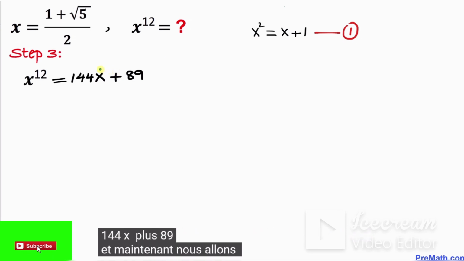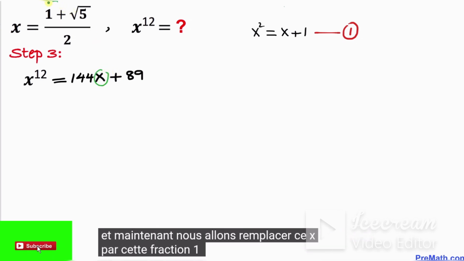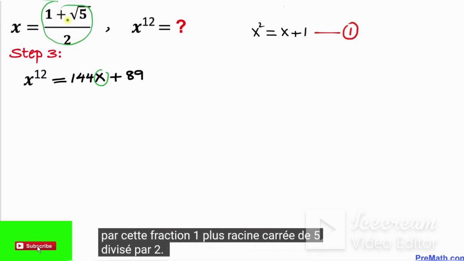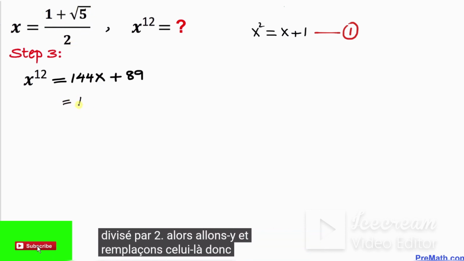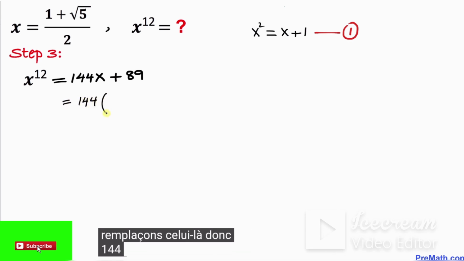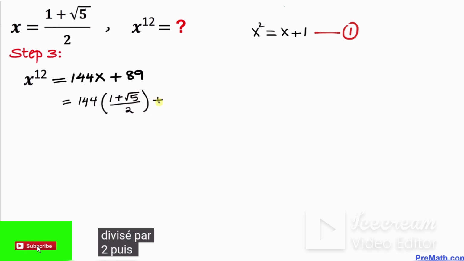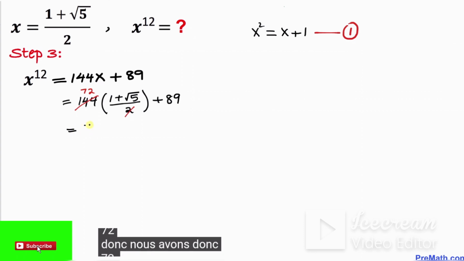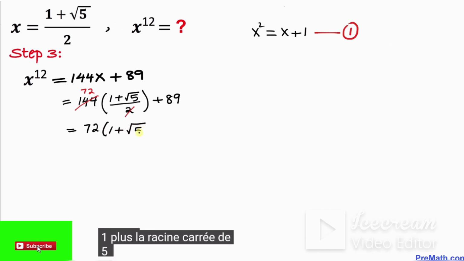And now we are going to replace this x by the fraction (1 plus square root of 5) divided by 2. So let's go ahead and replace that. 144 times (1 plus square root of 5) divided by 2, and then plus 89. Here 2 and 144 reduce to 72. So we got 72 times (1 plus square root of 5) plus 89.